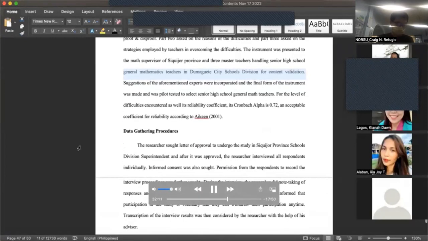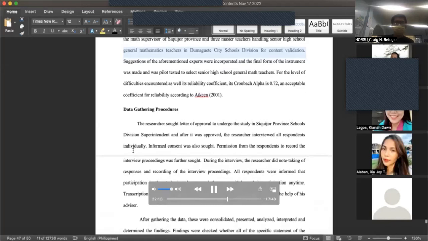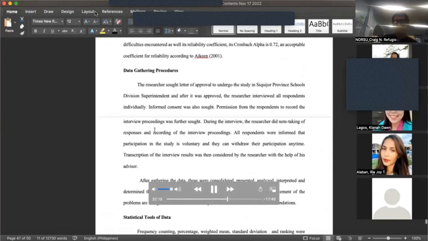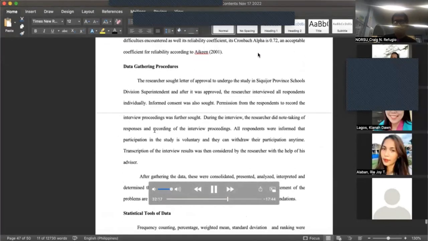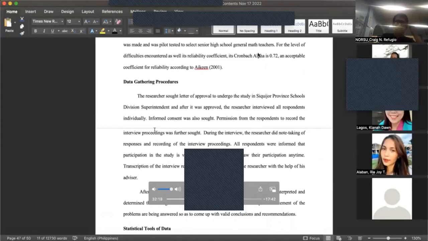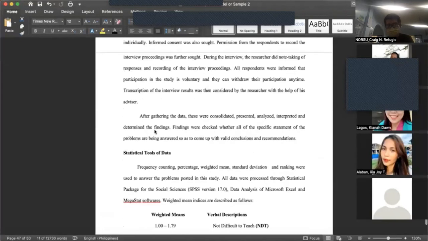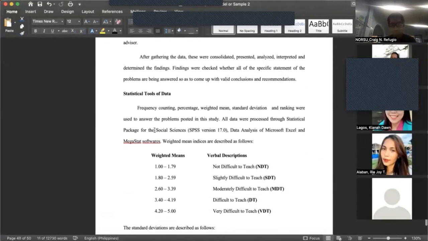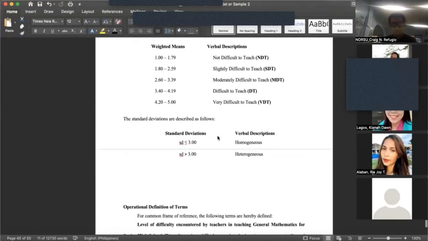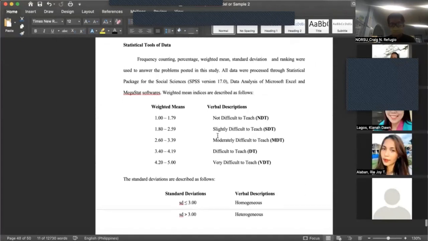Okay, so data gathering procedures, all of this will be followed also, and contextualize this one based on your own research proposal. And then statistical treatment. All of the statistical treatment should be copied because all of you will be following the same format in the chapter 1 model.